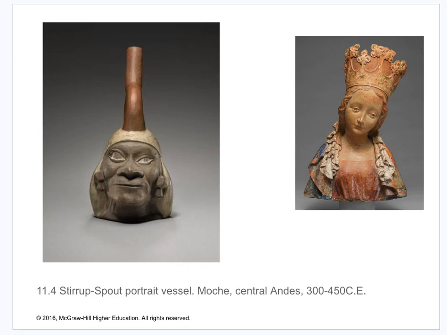And then artists that do modeling like this, especially of details like these faces and the folds in the fabric and the complexity of that crown thing she's wearing, the hair, they use tools a lot of times.